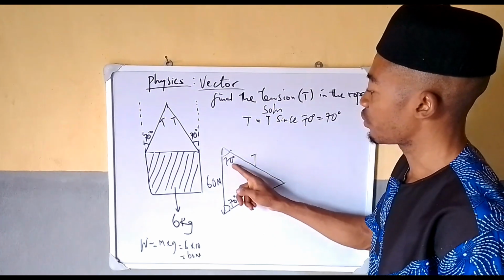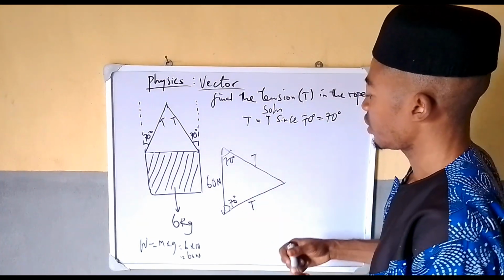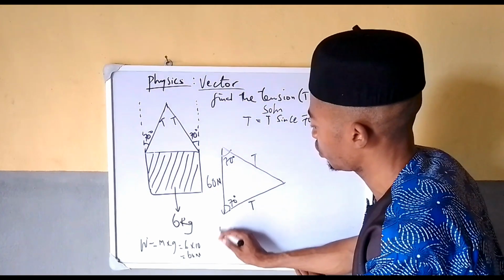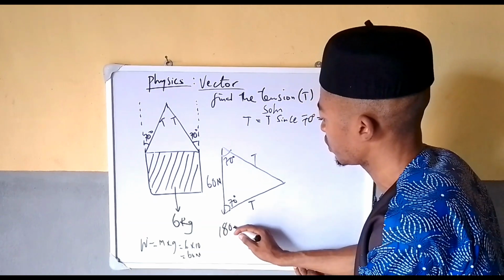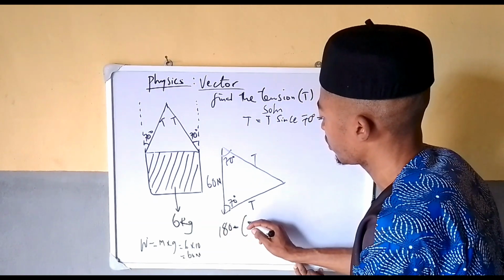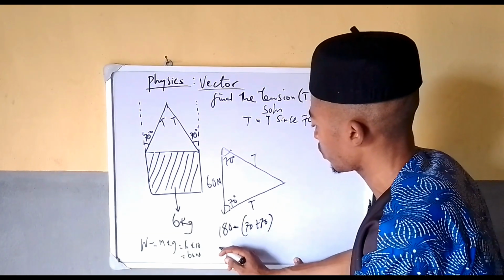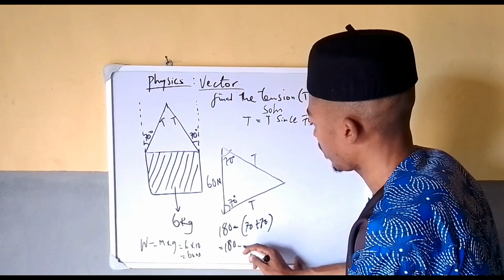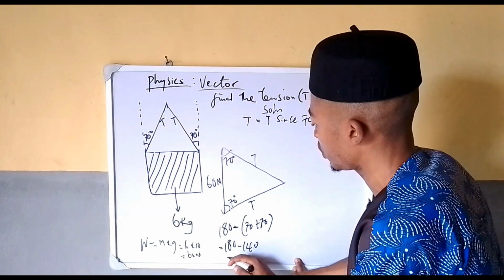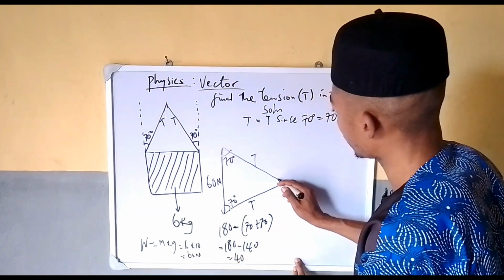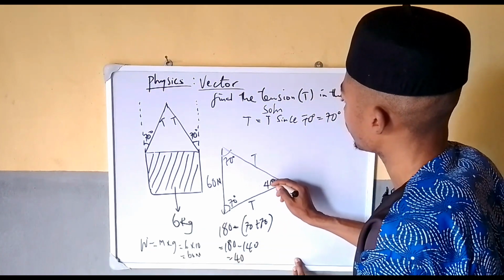For 70 plus 70, the angle inside the triangle is going to be 180 minus 140, which is equal to 40. So the angle here is 40 degrees.